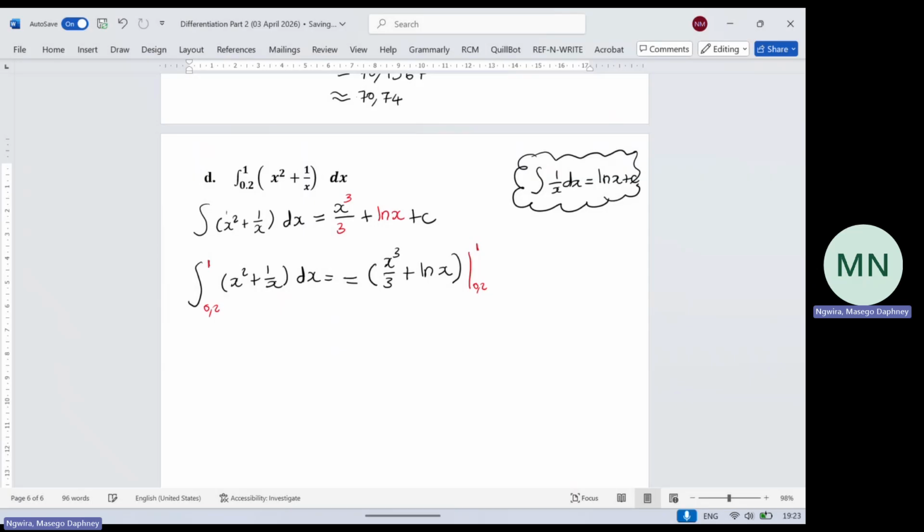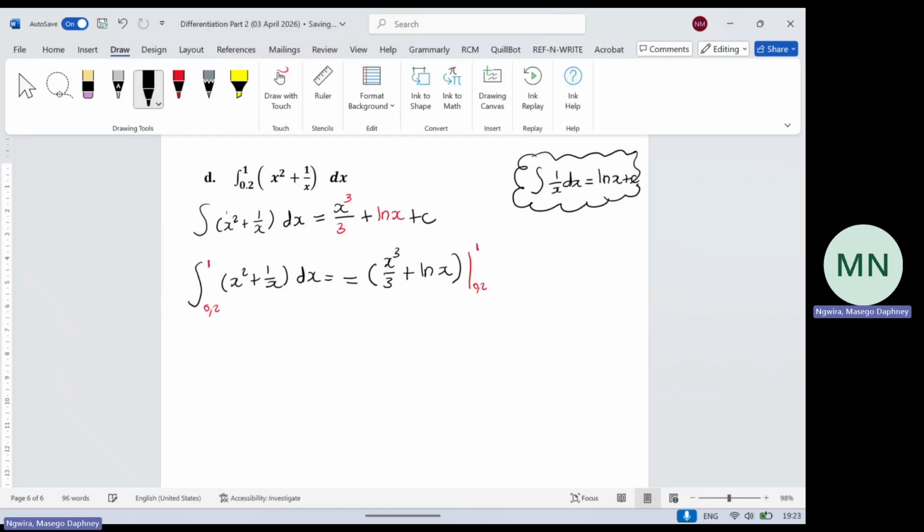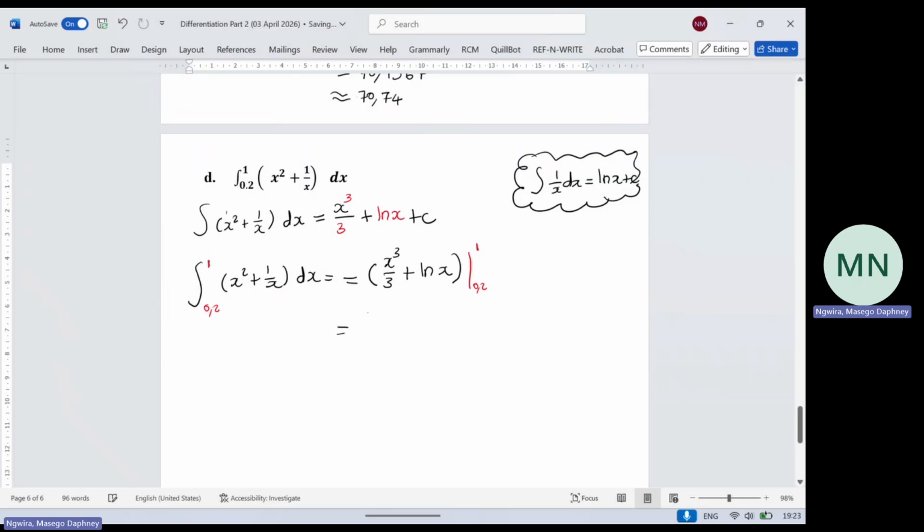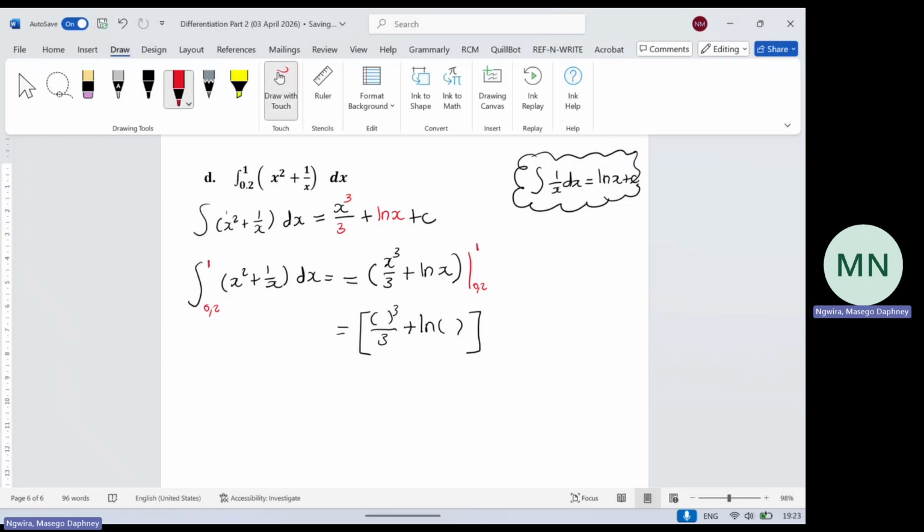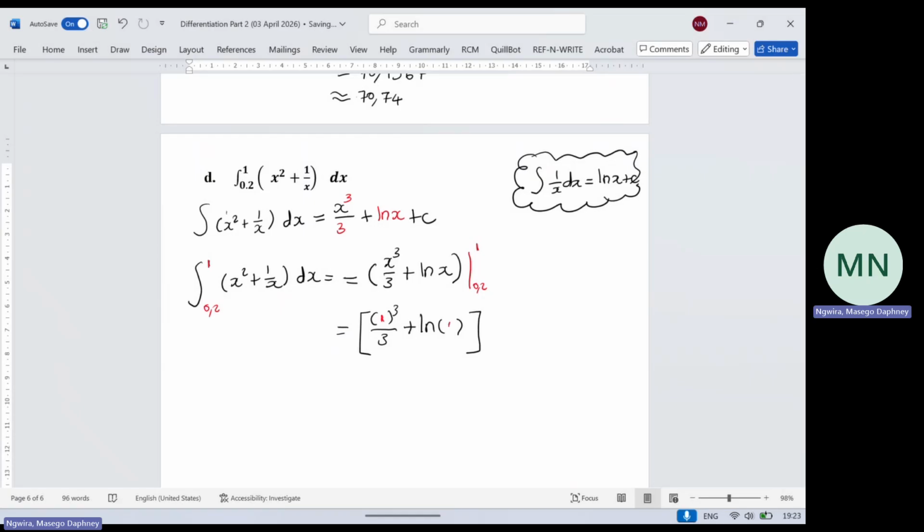Okay. Then now let's do things. So I'm going to use square brackets. The square bracket of this one is going to be 1 to the power of 3 over 3, and then plus ln 1. Wherever I see x, remember I am putting 1 first, the bigger one. Between 0.2 and 1, 1 is the bigger one, okay?